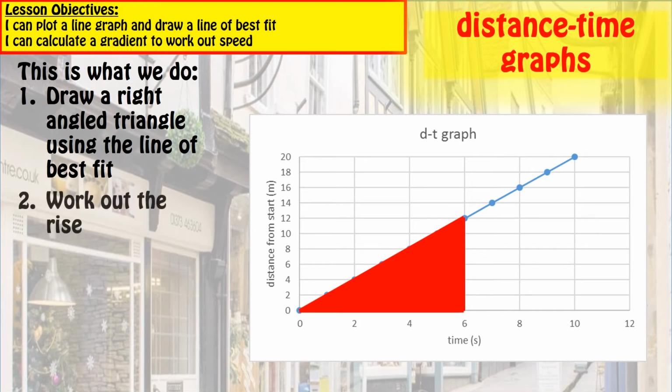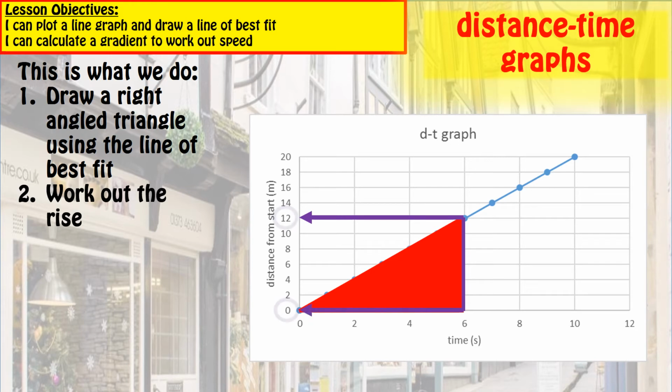So now we've drawn our right angle triangle, we can work out the rise. And the rise just means the height of the triangle. So that's indicated by the purple line there. So I look at where my arrow goes over to the y-axis, and it goes over to the number 12 and the number 0. So the height of the triangle, the top part is 12 and the bottom part is 0.